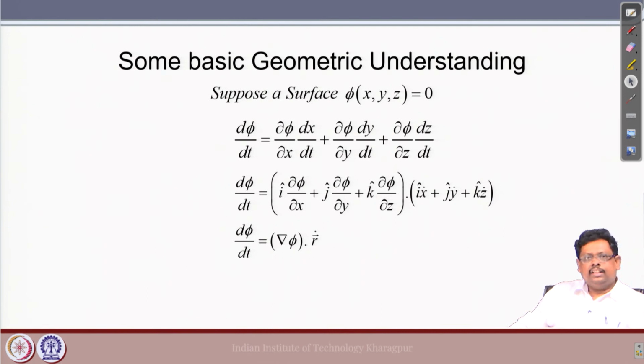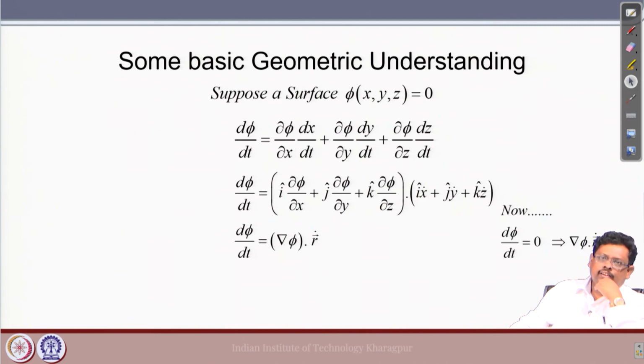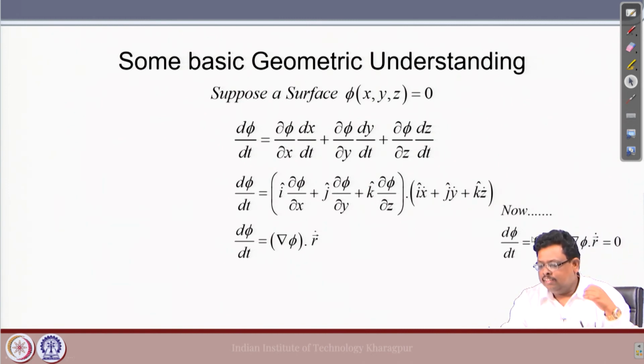So, on the left hand side d phi/dt equals 0, right. Therefore, I can see that grad phi dot r dot equals 0.